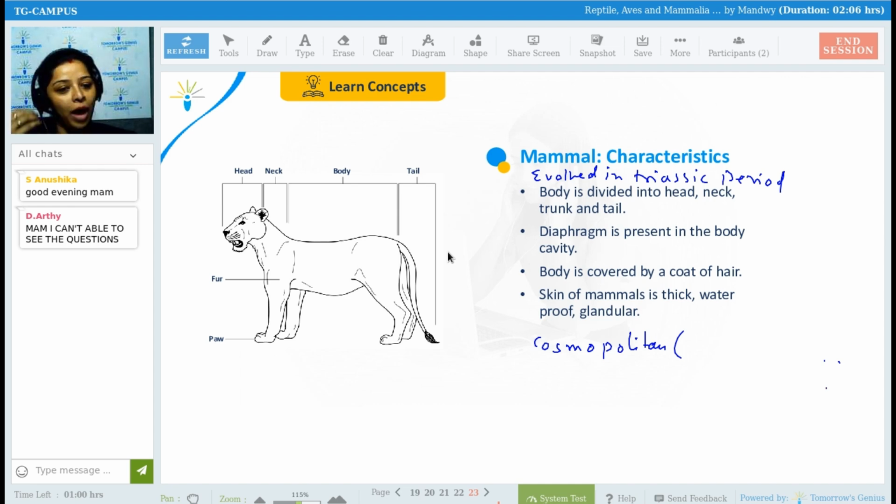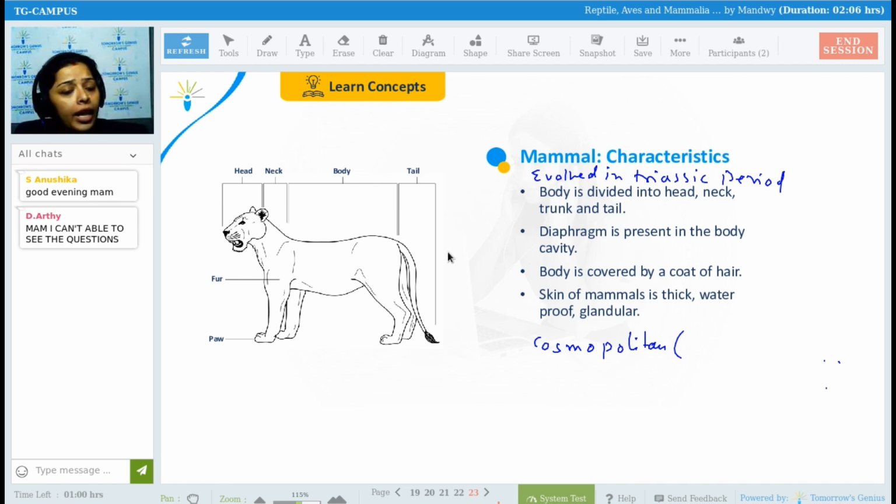Suppose I am living in a metro city, so I am highly developed, and someone living in tier 2 or tier 3 cities is not developed. Is it so? The city is highly developed, not the person. Exactly. So cosmopolitan is highly developed and found throughout the world.